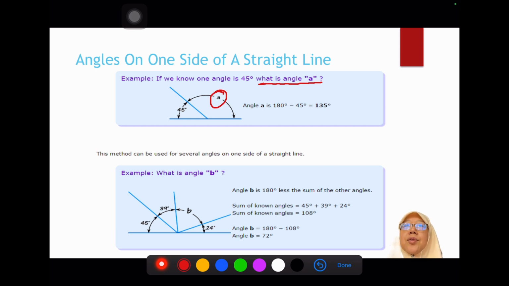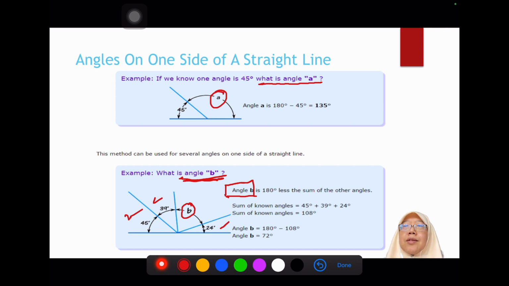Same case with this. What is angle B? Angle B is here, and now we have three different angles. Ask them, how are you going to find B? I've shown you three examples, and for each example I don't say this is how you're going to use it.